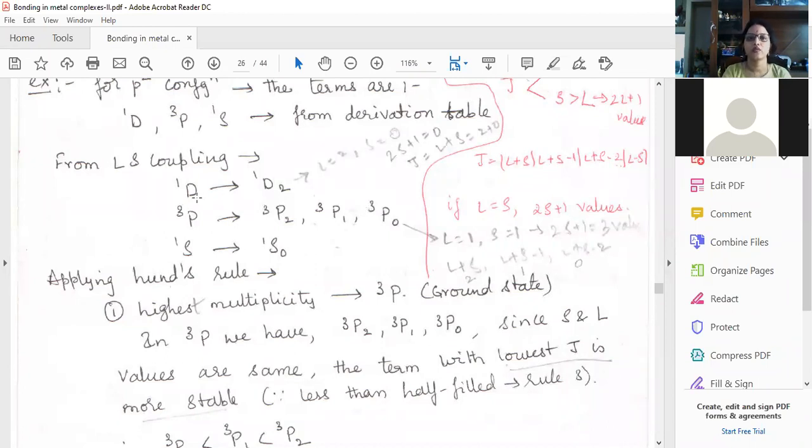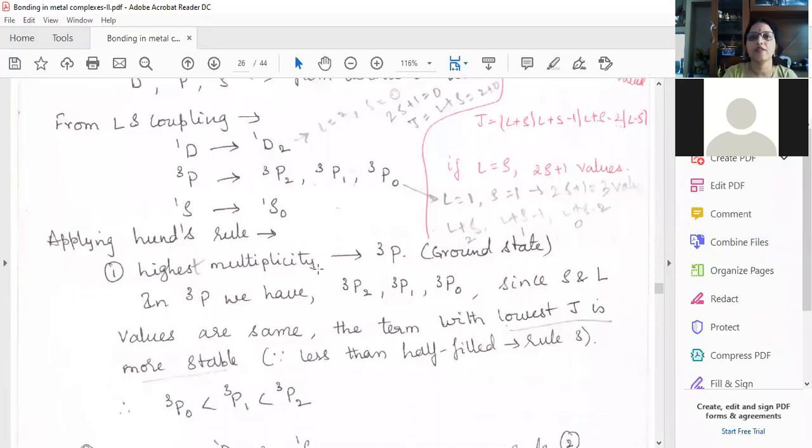Triplet P has 3 J values, that is triplet P2, triplet P1, triplet P0, and singlet S has singlet S0. So these are the different states after the LS coupling, that is, you are able to write the S value, L value as well as the different J values.